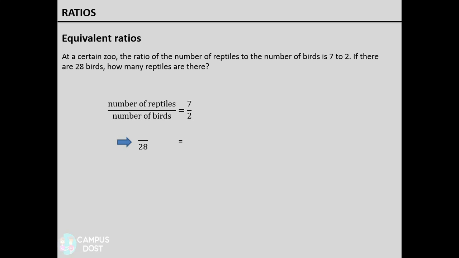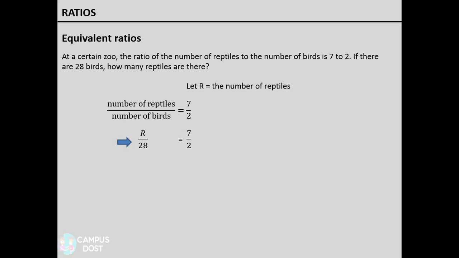Now, we don't know the number of reptiles. In fact, the question asks us to find this number. So, let R represent the number of reptiles at the zoo, and then replace the number of reptiles in the ratio with R. Now, this ratio we are told is equal to 7 to 2. We now have an equation we can solve for R.